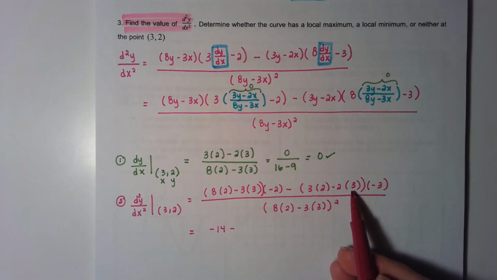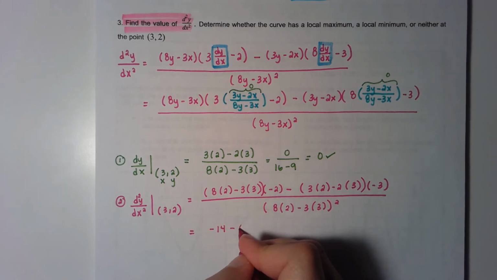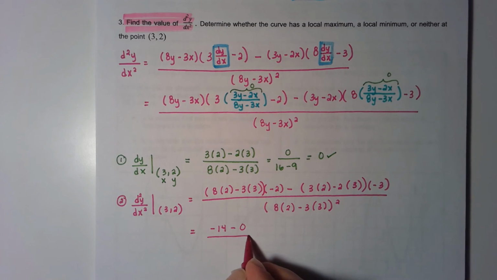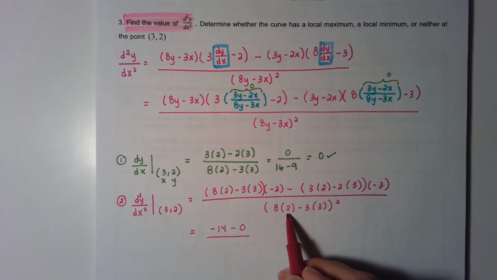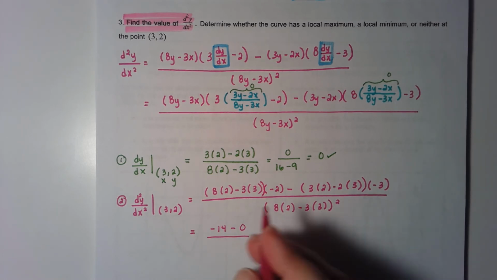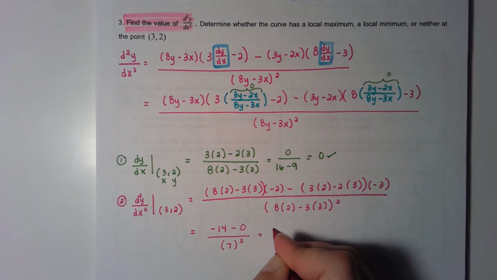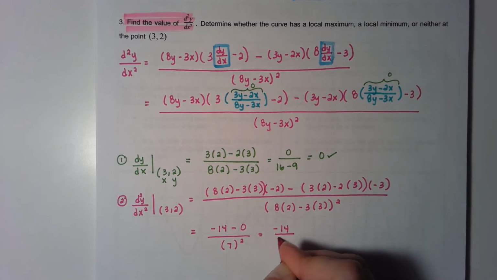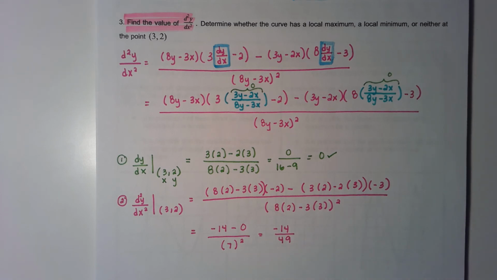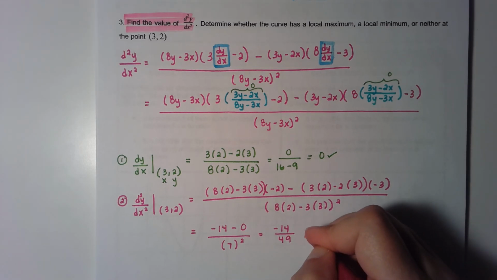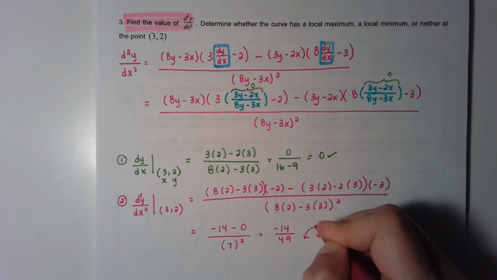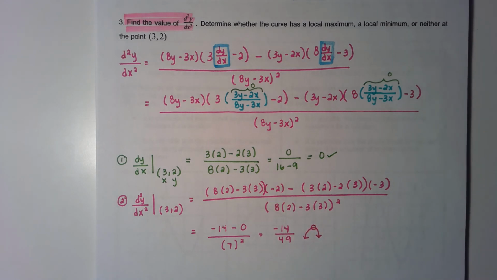Minus 2 times 3 is 6, so that's 0. Times negative 3 is still 0. Over 8 times 2 is 16. Minus 9 is 7. So we have 7 squared, which means we get negative 14 over 49, which is negative. Since this is a negative number, my function is concave down, which means I'm going to have a max.